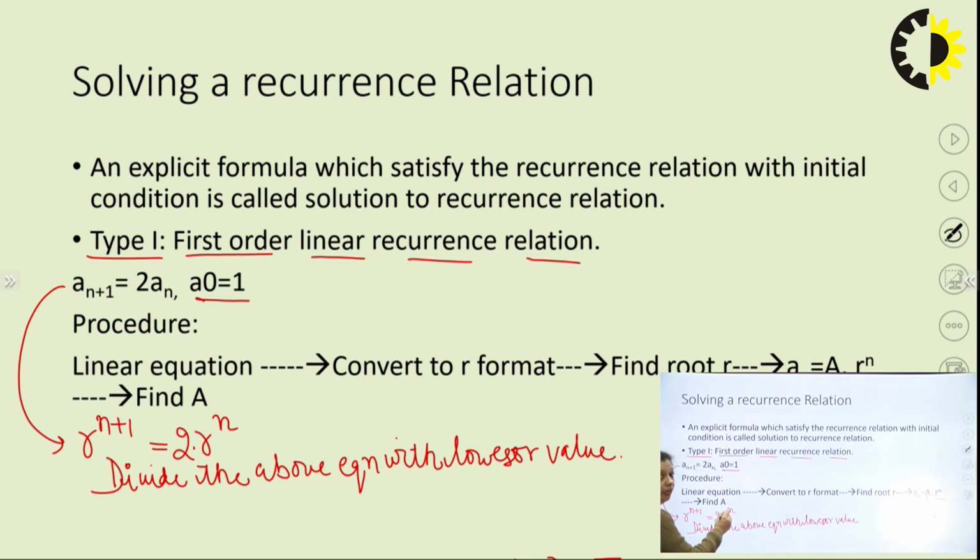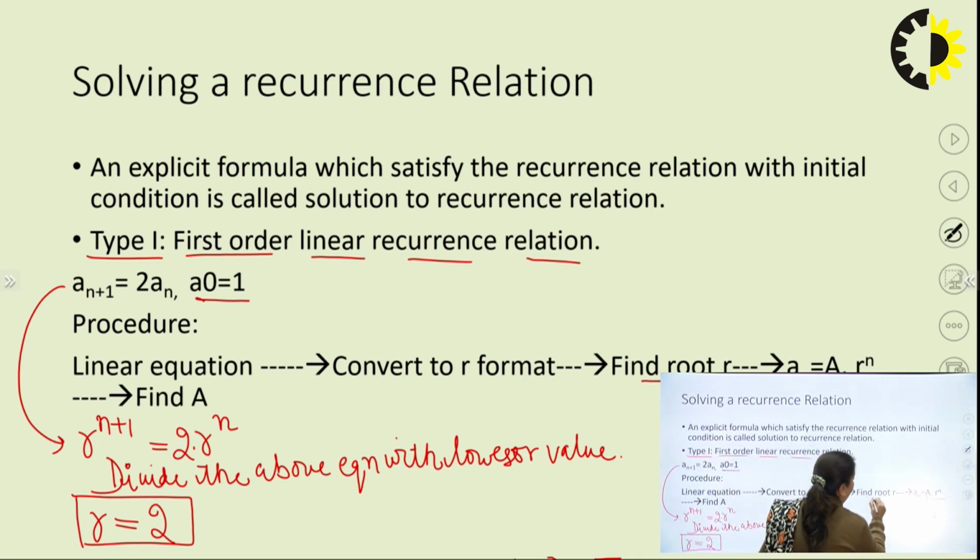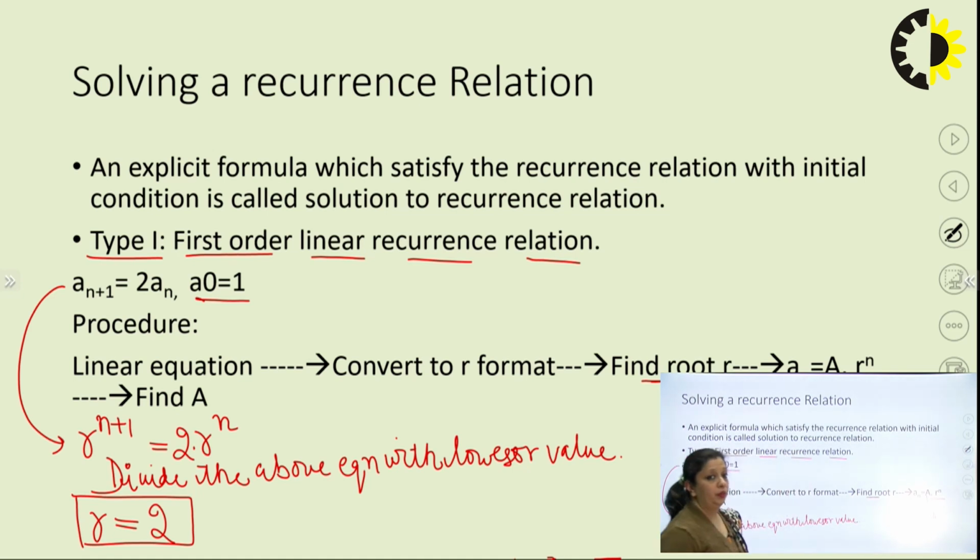So, R to the power n is less. So, we will divide the entire equation by R to the power n. So, what I will get? R to the power n plus 1 divided by R to the power n, I will get an R, and here this will be cancelled. So, I will get 2. So, that means the value of my root R is 2. So, the first thing I have done is that I have found the value of this root R.